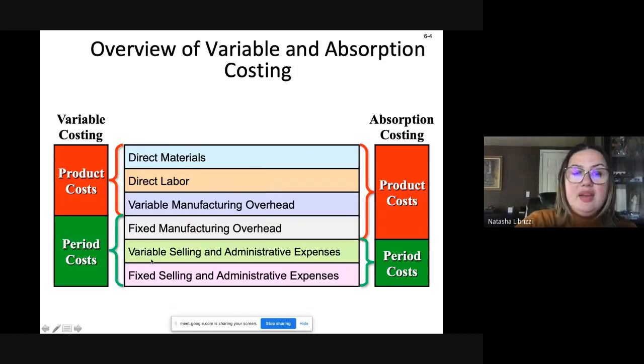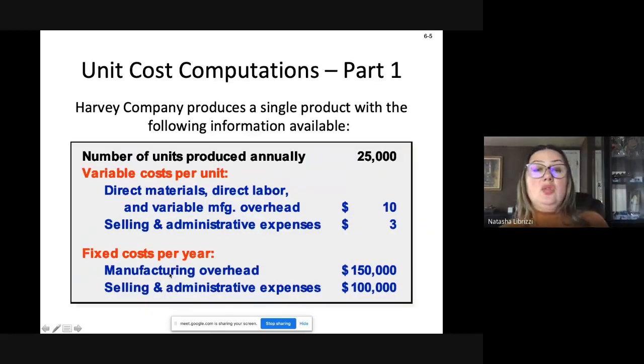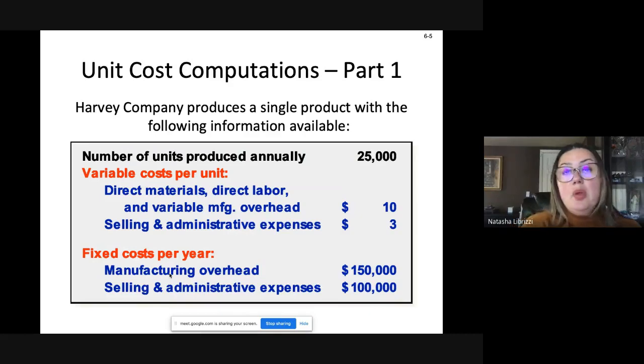This is the manufacturing overhead, and my selling and administrative expense is right here. So this is the data that is given to us. Again, this is a good time to have a notebook next to you and jot those numbers down because we're going to keep revisiting them, or you can rewind the presentation.